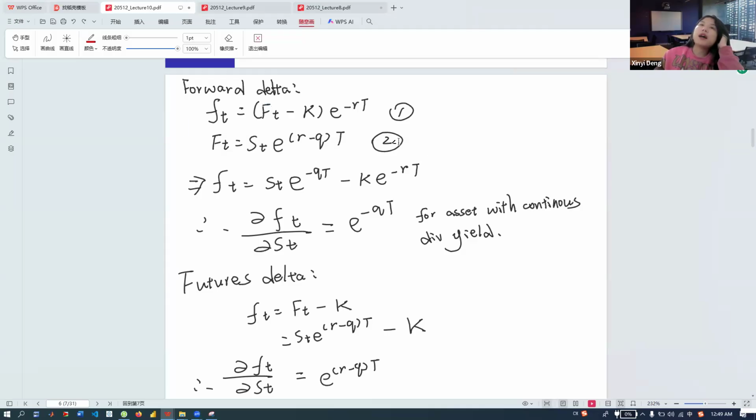If we plug the second equation into the first, replacing FT with ST times e to the power of (r minus q)T, we get that f is equal to ST times e to the power of minus qT, subtracting K times e to the power of minus rT.